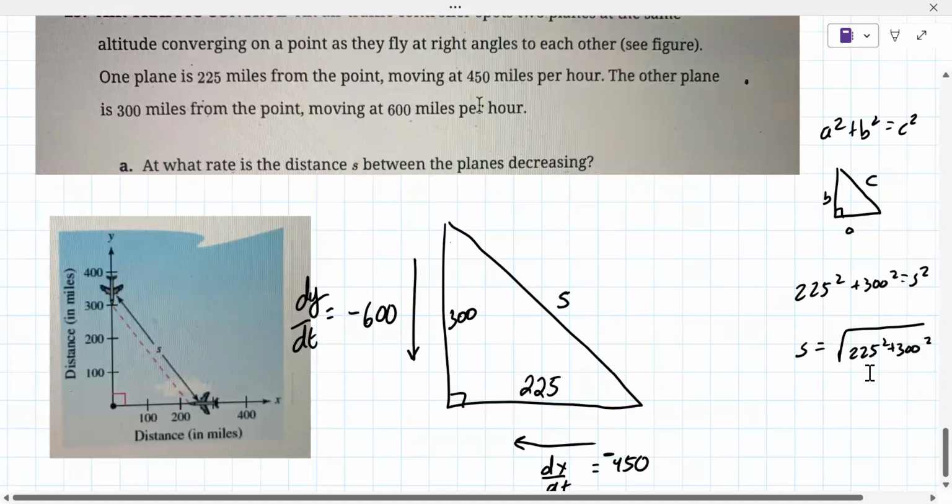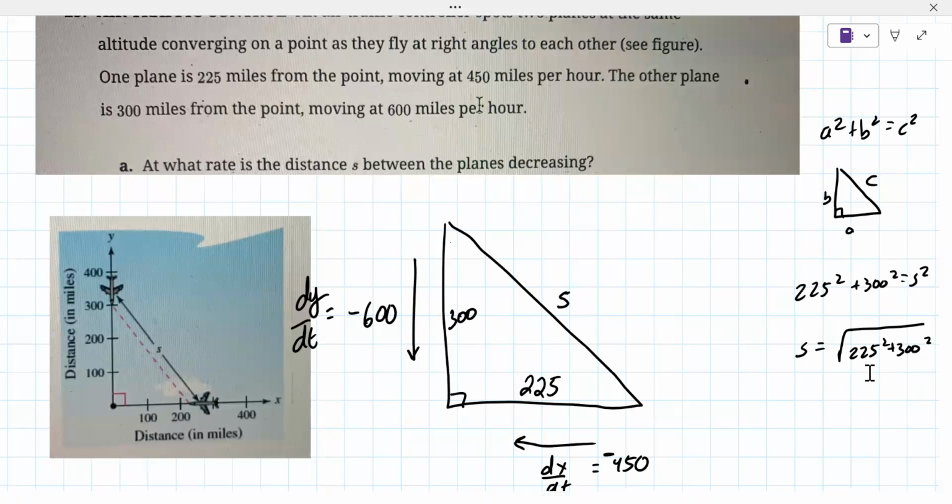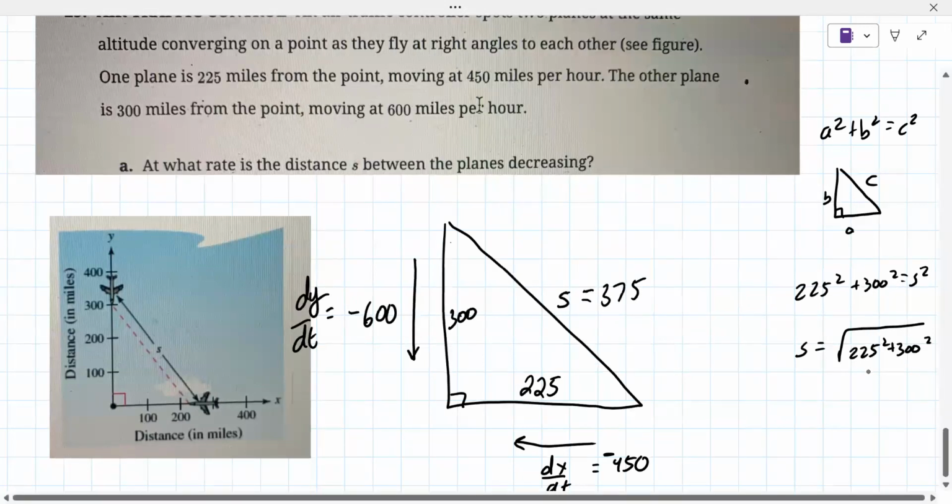You want to grab a calculator? I got 375. So that's the current distance, but every time this moves, it gets smaller.